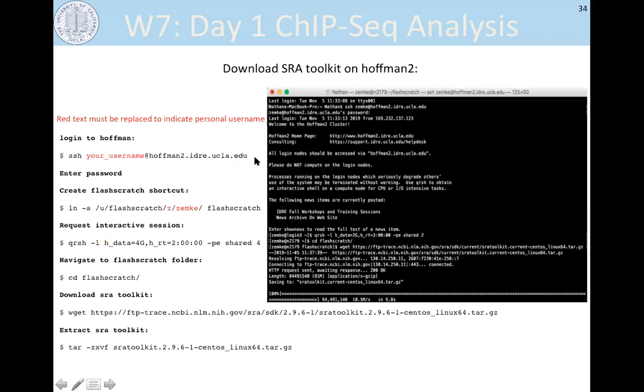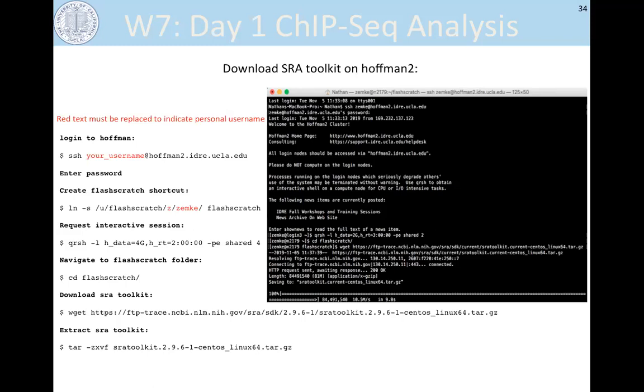So in order to participate, everybody's going to need a Hoffman account, which should have been required for you to register for this account. I tried to make this very easy. I tried to design this workshop for people who have little or almost no computational background.